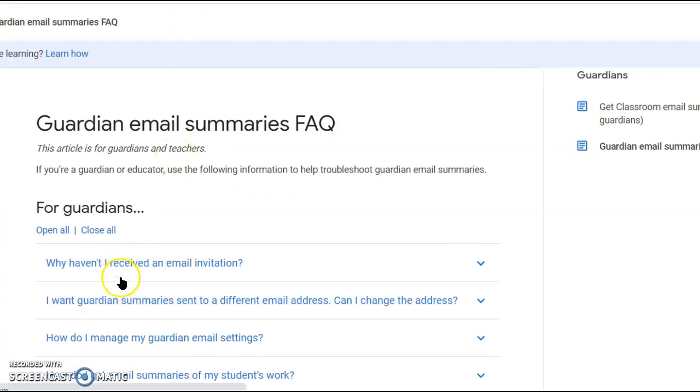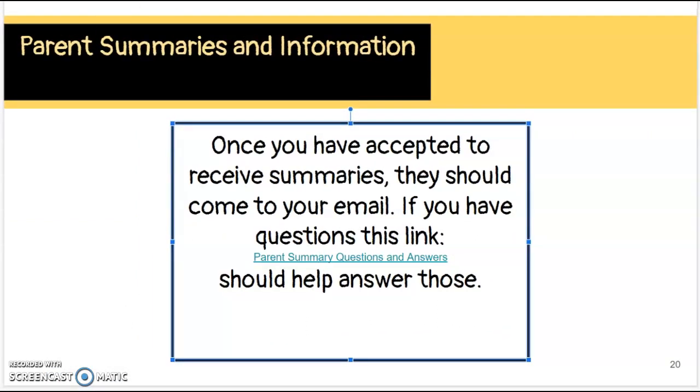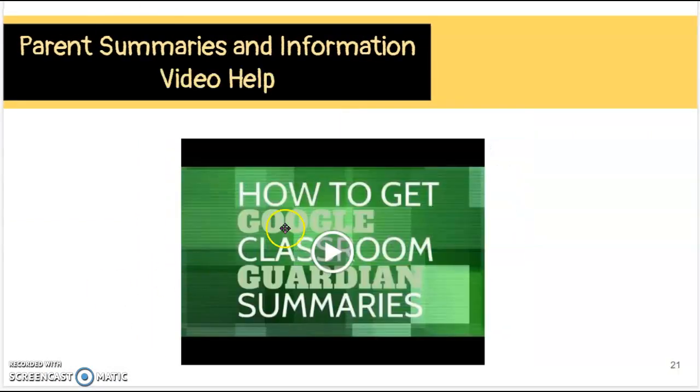And this has lots of links that you can get to help you know maybe some answers to questions that you may have. Finally, there is also a video here that you can watch that will also give you more information on Guardian summaries.